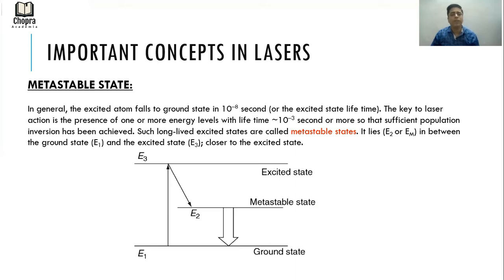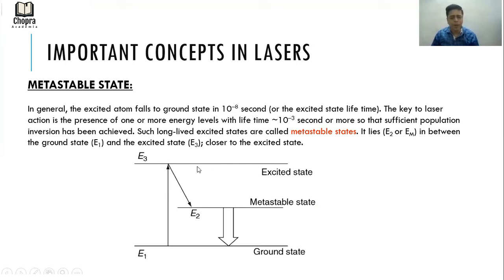So where is the position of the metastable state? The metastable state lies between the ground state energy level E1 and the excited state energy level E3, closer to the excited state. This is your metastable state, E2 or EM it can be designated. Suppose we had a two level laser, with only E1 and E3. In this case, there will be a lot of loss.